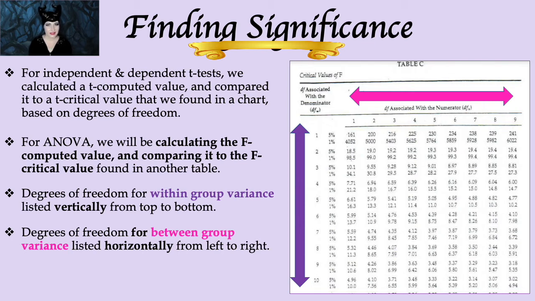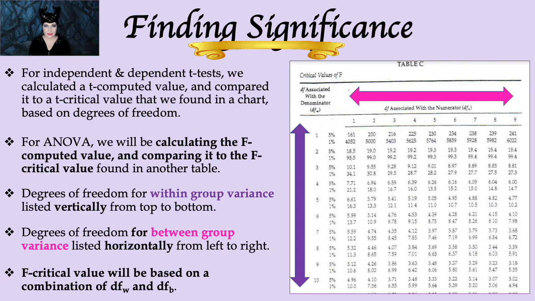If you set alpha to 5%, you're going to be looking at the 5% line. If you set alpha to 1%, then you would be looking at the 1% line. For the purposes of this lecture, we are going to use the 5% line because by default we set our alpha to 0.05. So ultimately, our F critical value will be based on a combination of degrees of freedom within and degrees of freedom between.